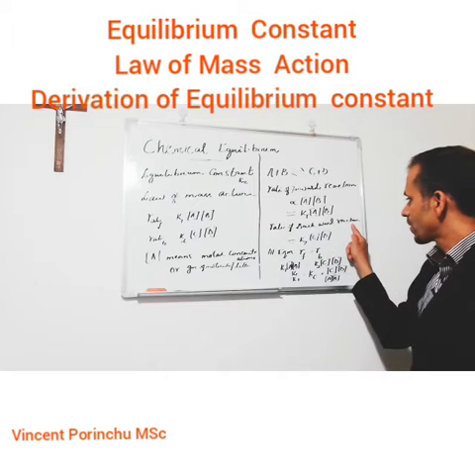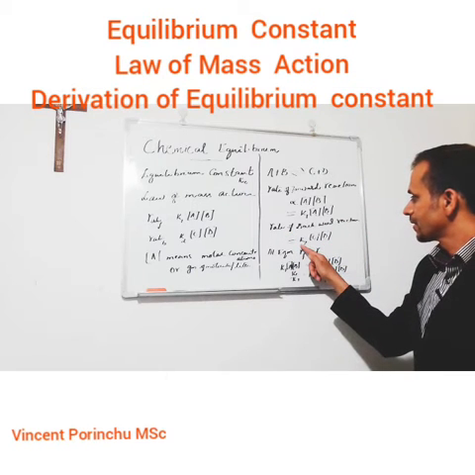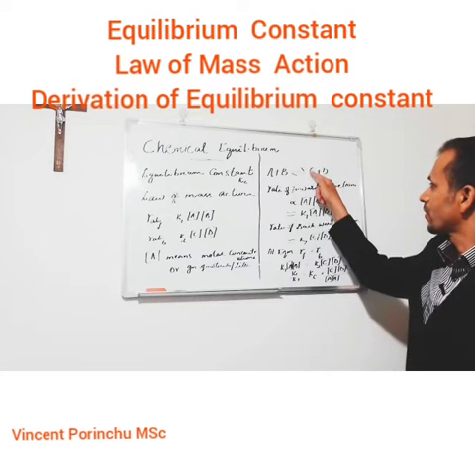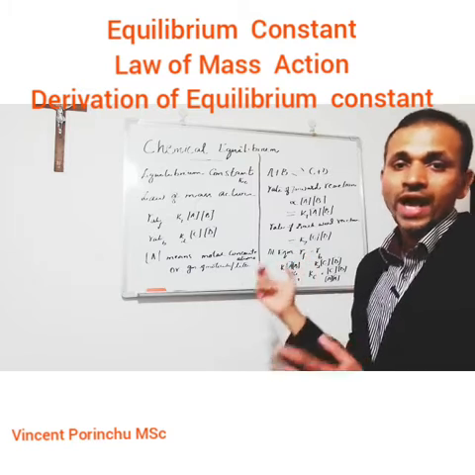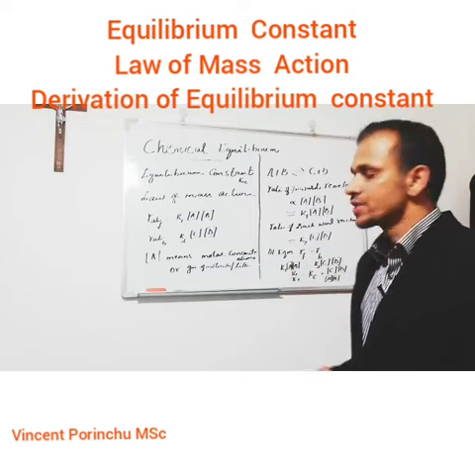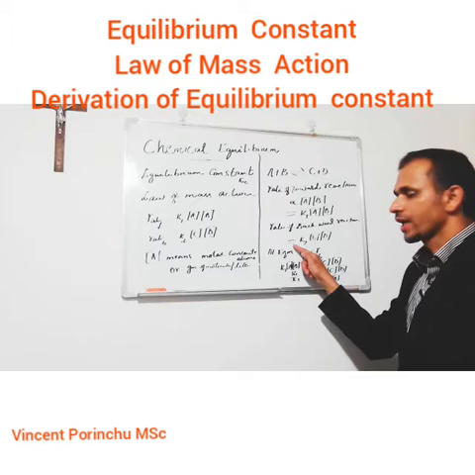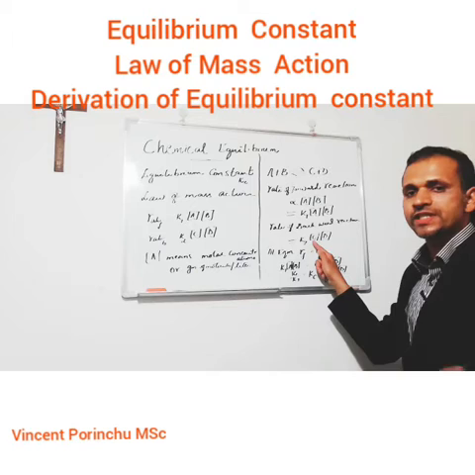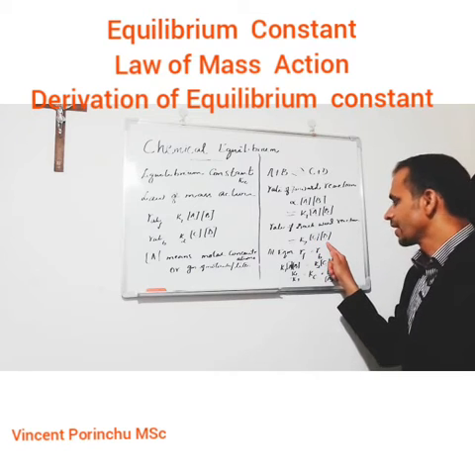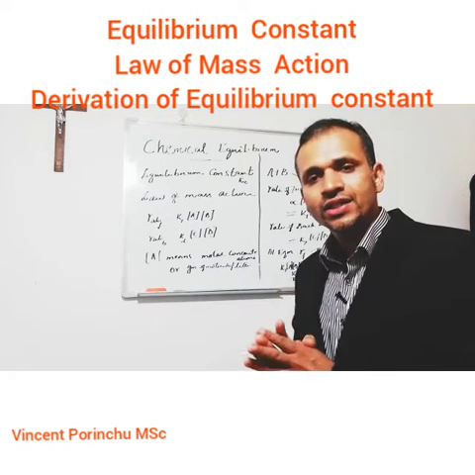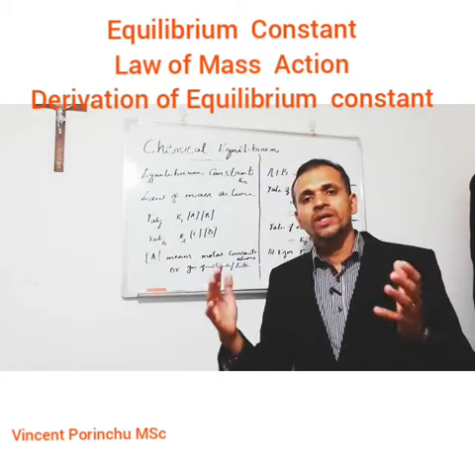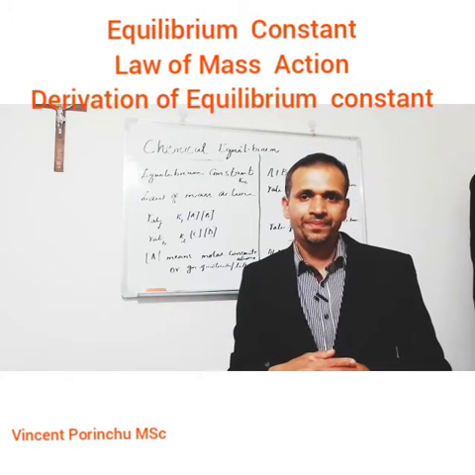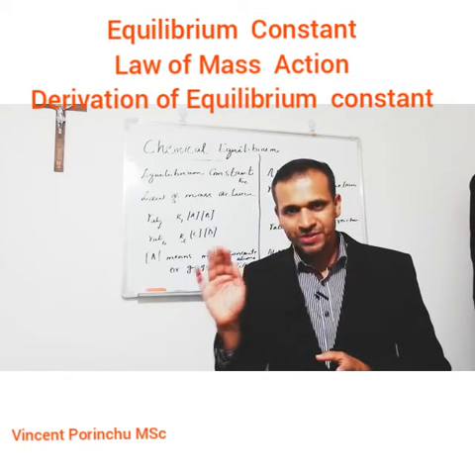Similarly, the rate of the backward reaction is directly proportional to the product of the active masses of C and D, so the rate of the backward reaction is equal to K2 times the active mass of C and the active mass of D. At an equilibrium state, the backward and forward reactions are taking place at the same rate, but they never stop.